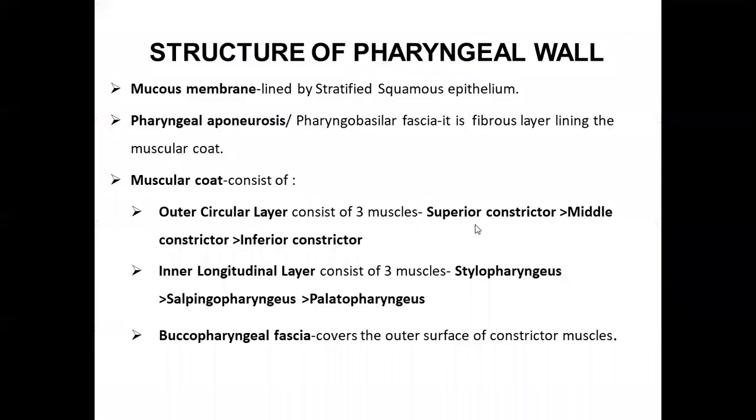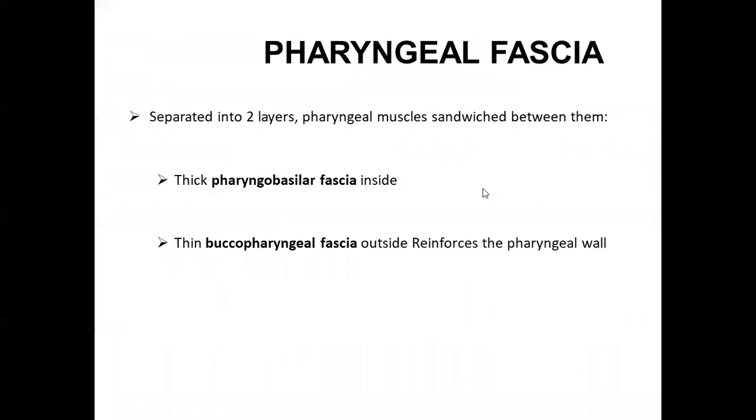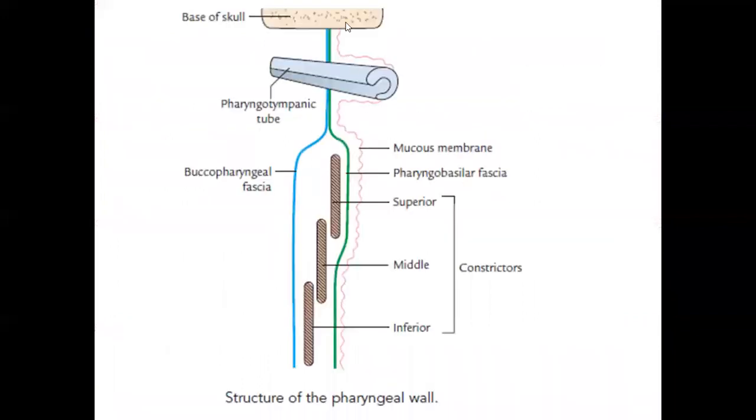Now, let's talk about the structure of the pharyngeal wall. This is a cut section which shows the pharyngeal wall. This is the inner structure, and this is the outer part. The wall of the pharynx consists of 4 layers from within outwards. अंदर से बाहर 4 layers. कौन सी?